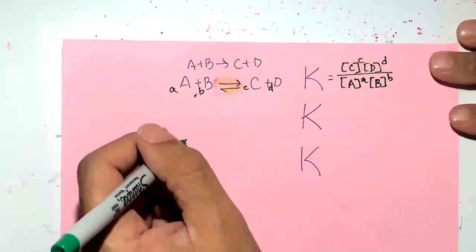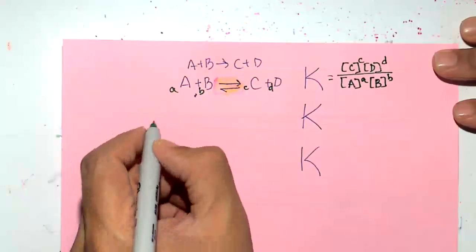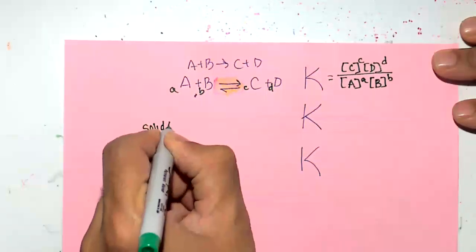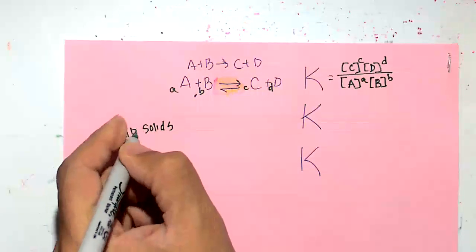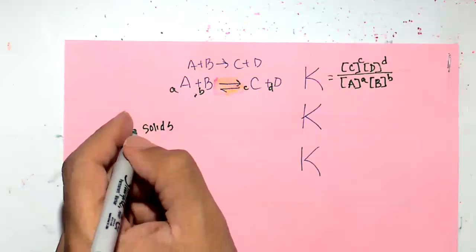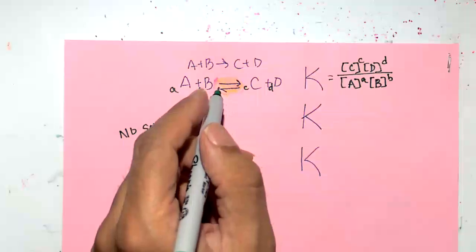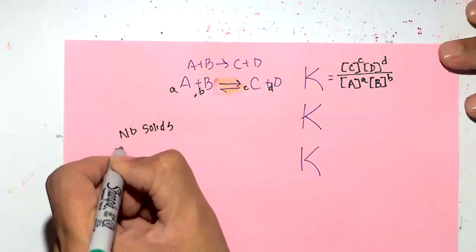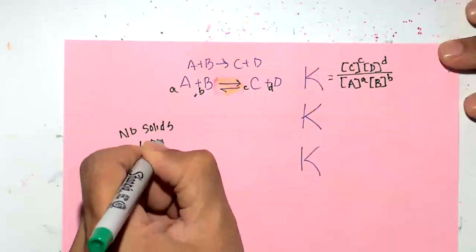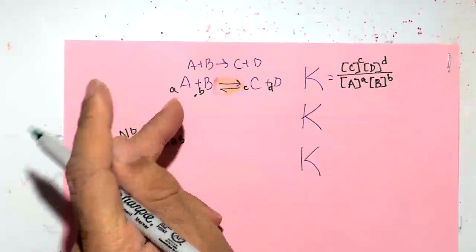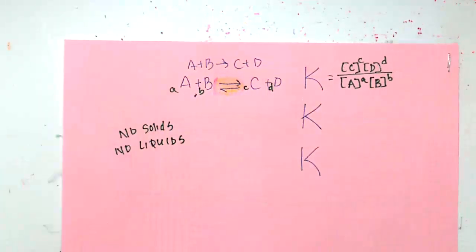So this is concentration. Solids don't have a concentration; they have a density, if you remember from that lab. So they don't get put in here. You can ignore them. And we don't put liquids in here, because liquids are the solvent. Reactions happen in a solvent.